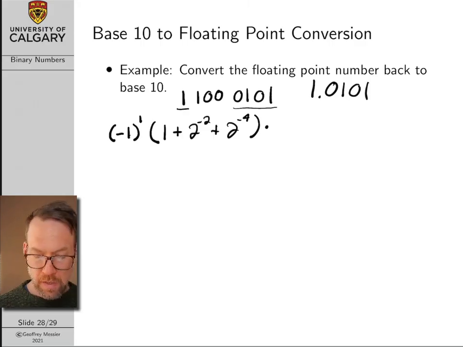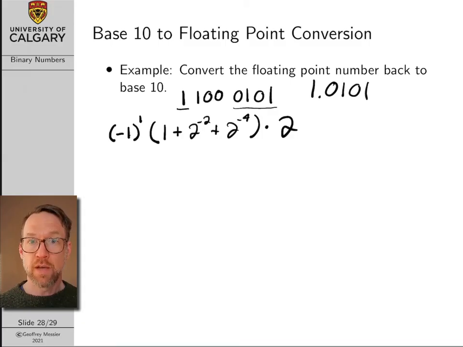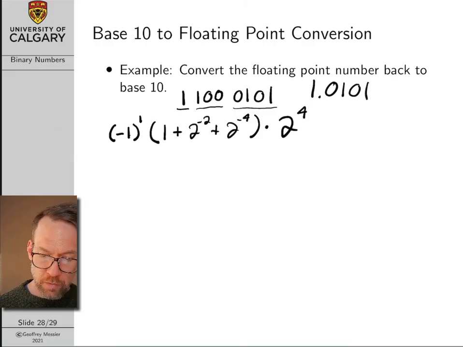Now, our final term is 2 raised to our exponent value. Now, because our exponent bits are equal to 4, the value of our exponent is equal to 4 minus our bias term, which is 3.